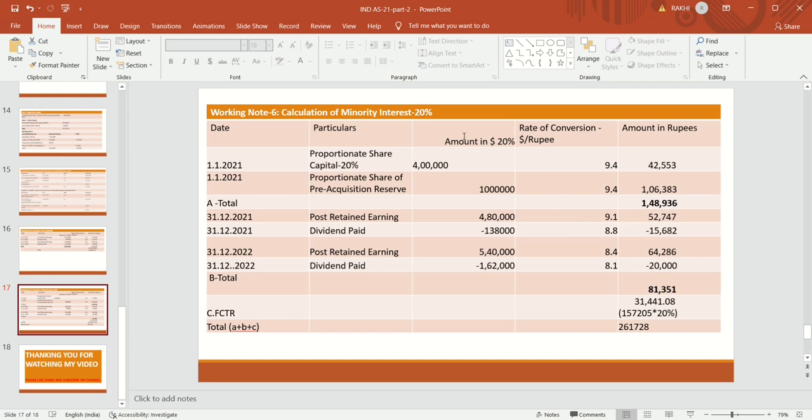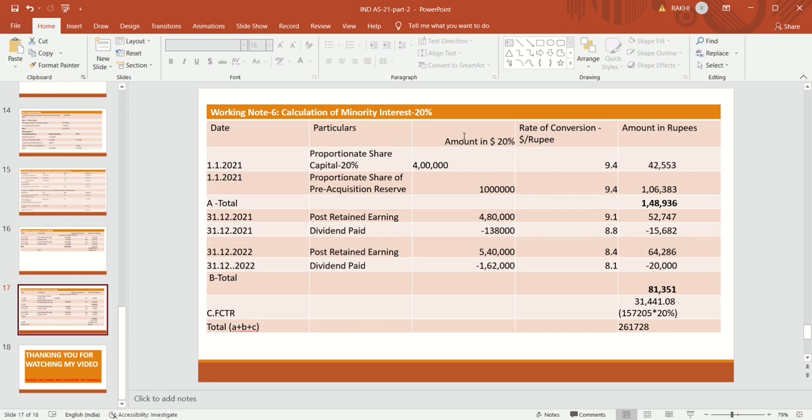Then post acquisition profits we will calculate accordingly, as we calculate for the holding. In holding we take the 80%, and in minority we will take the 20% of that. That is post retained earning 24 lakhs 20%, dividend paid 6,90,000 20%, then post retained earning 27 lakhs 20%, then dividend 8,10,000 20%.